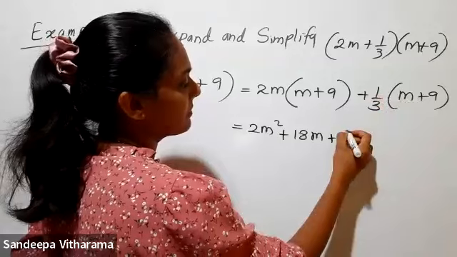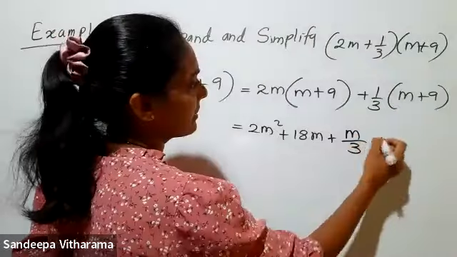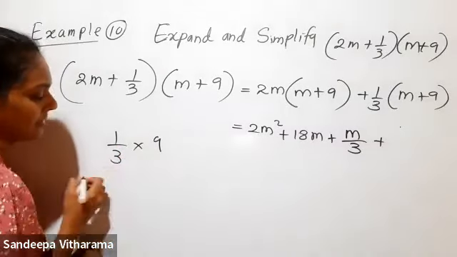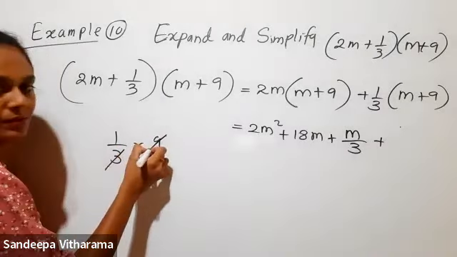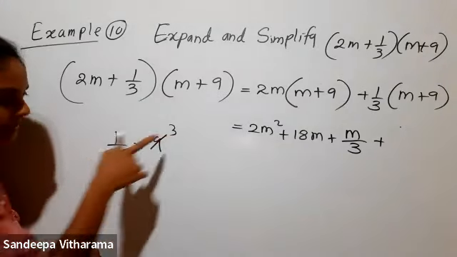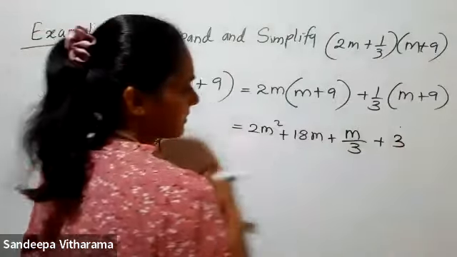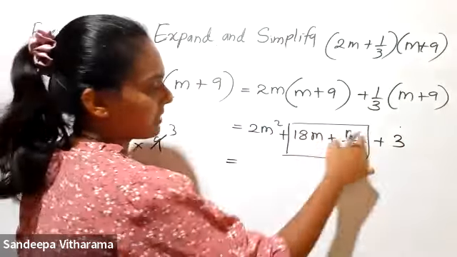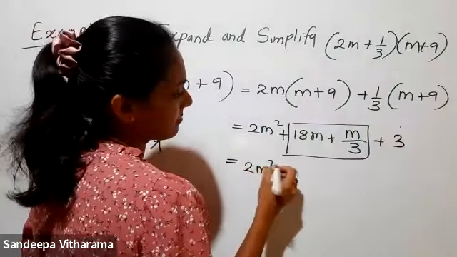Add 1/3 into m, it is m over 3. 1/3 times 9: 3 cancels into 9, it is 3. Then plus 3. Then you can see these two are same sign terms, m and m, so you can add them.